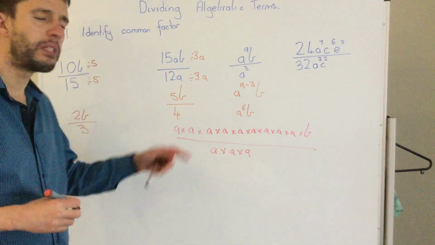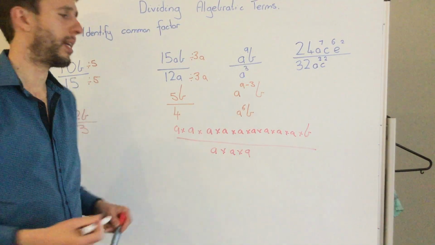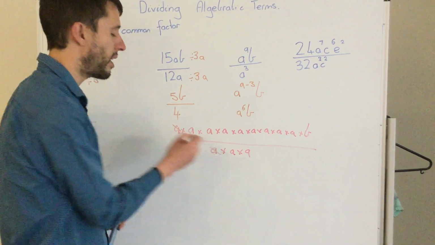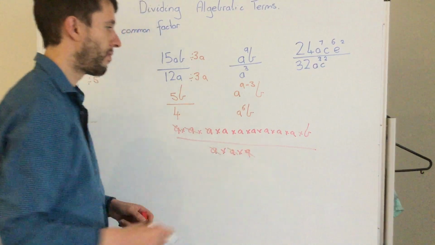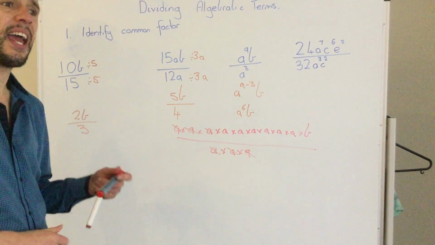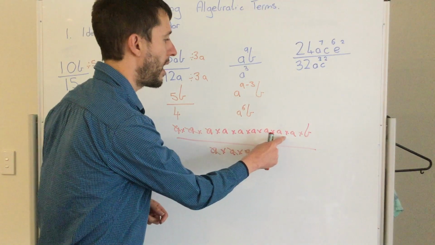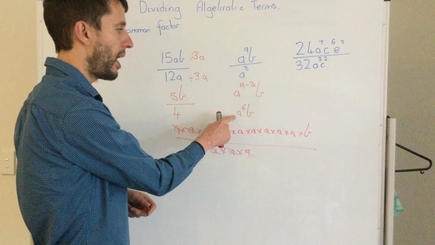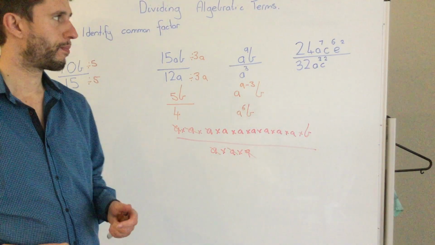So if we're timesing by a and then we're dividing by a, we're just doubling up. So they cancel out. And now I can double check and count how many a's I have. 1, 2, 3, 4, 5, 6. a to the power of 6 times b.